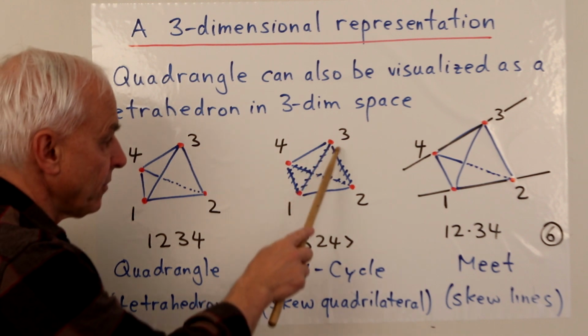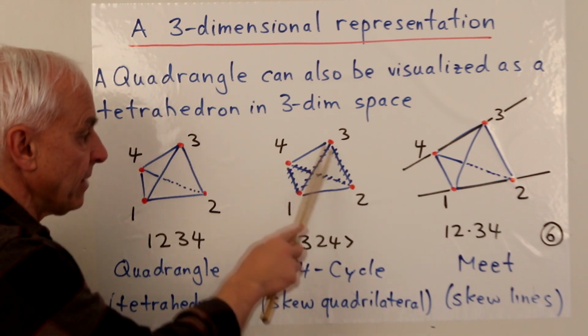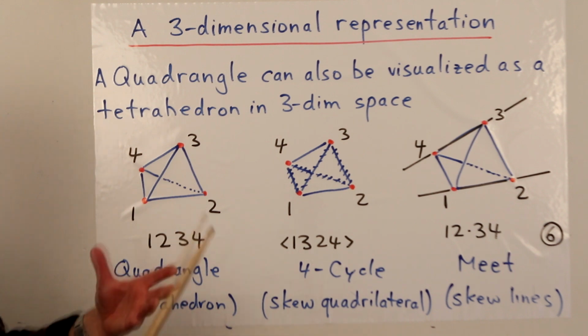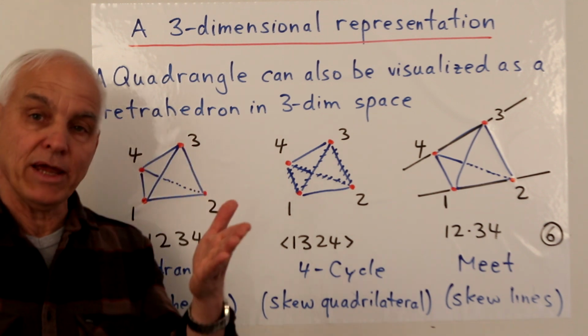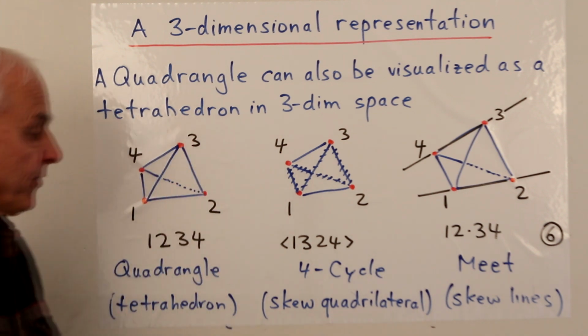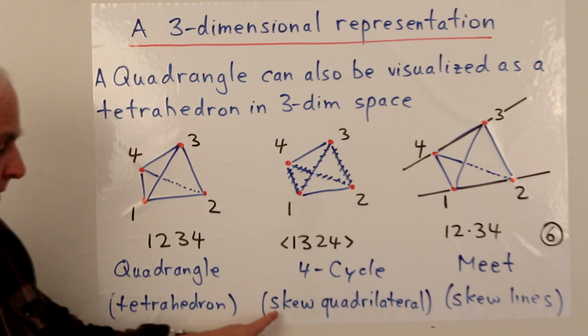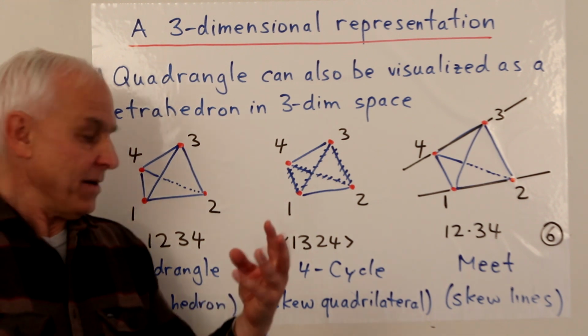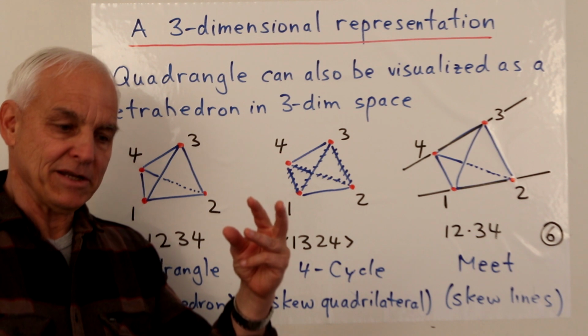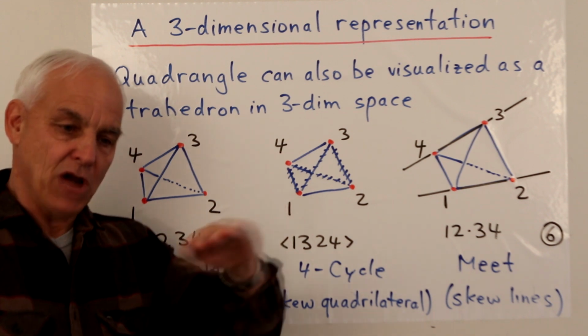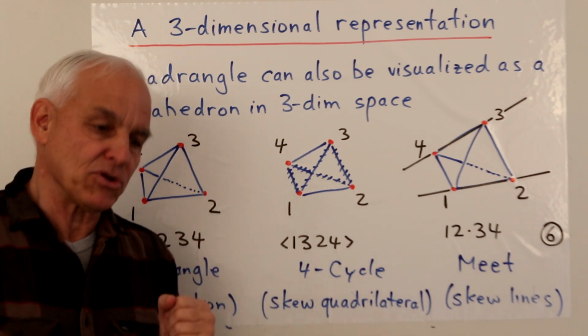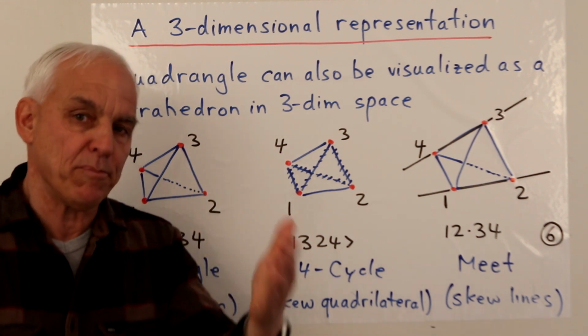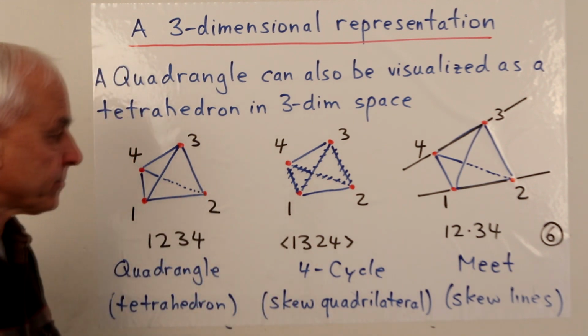So the little grated edges are a path on the tetrahedron. That's another way of thinking visually about what a 4 cycle is. In some sense, that's like a quadrilateral in three-dimensional space which is not planar. It's what's sometimes called a skew quadrilateral, a non-planar quadrilateral.